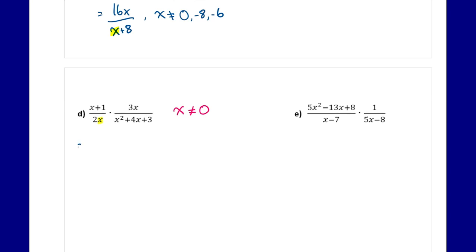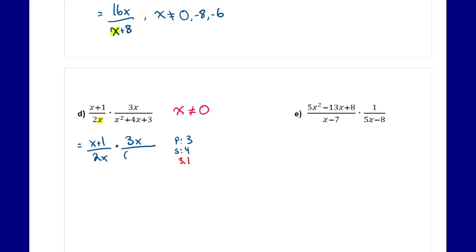So at least I have one restriction right now. Next, I'm going to go through and factor. So x plus 1 stays the same, divided by 2x times 3x divided by, I have a product and sum, two numbers that multiply to 3 and add to 4. That is going to be 3 and 1.